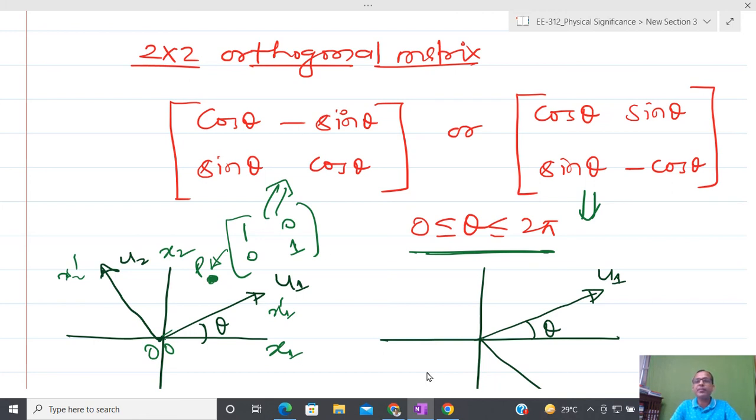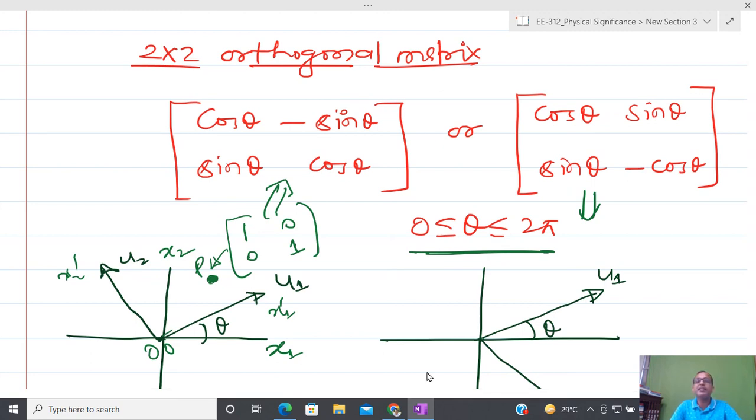What we have seen is that the orthogonal matrix has several applications in practical systems, and for that reason we have to learn how to construct orthonormal column vectors to construct an orthogonal matrix. Because in an orthogonal matrix, we found that Q transpose Q should be identity, so each element also has to form unity.